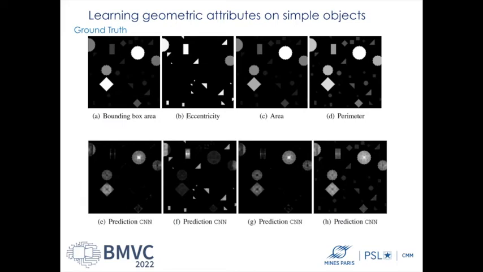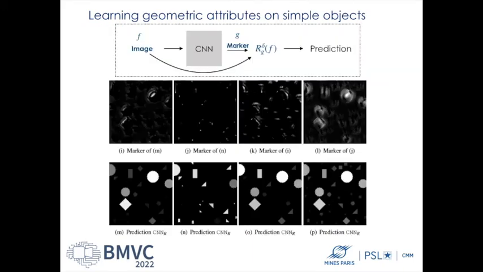It does not predict a homogeneous value per shape. That is normal because we are using convolutions, and this problem is solved by the model with reconstruction. So the CNN is basically predicting a marker, that is the first row, and the reconstruction is creating this homogeneous value inside the shape.